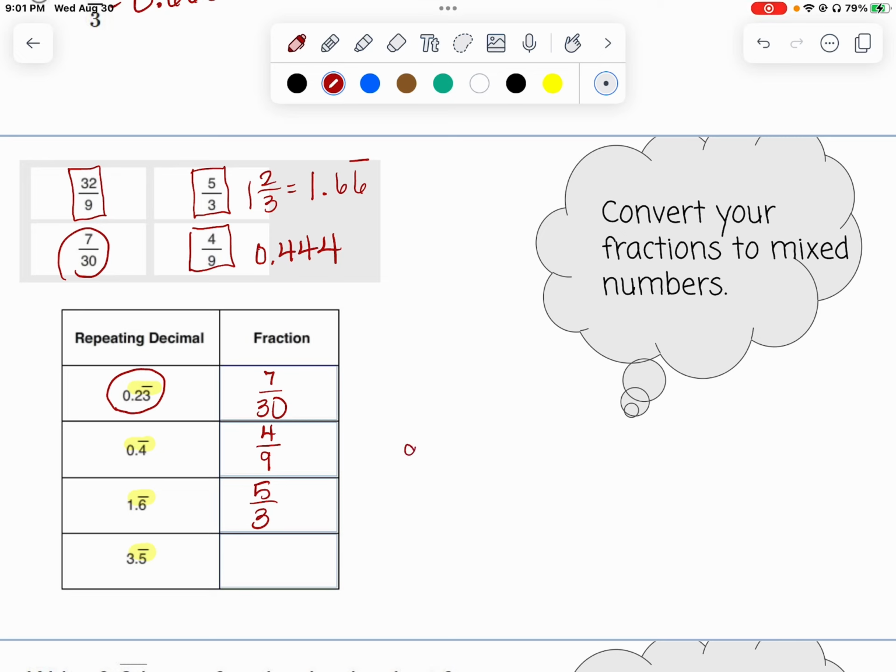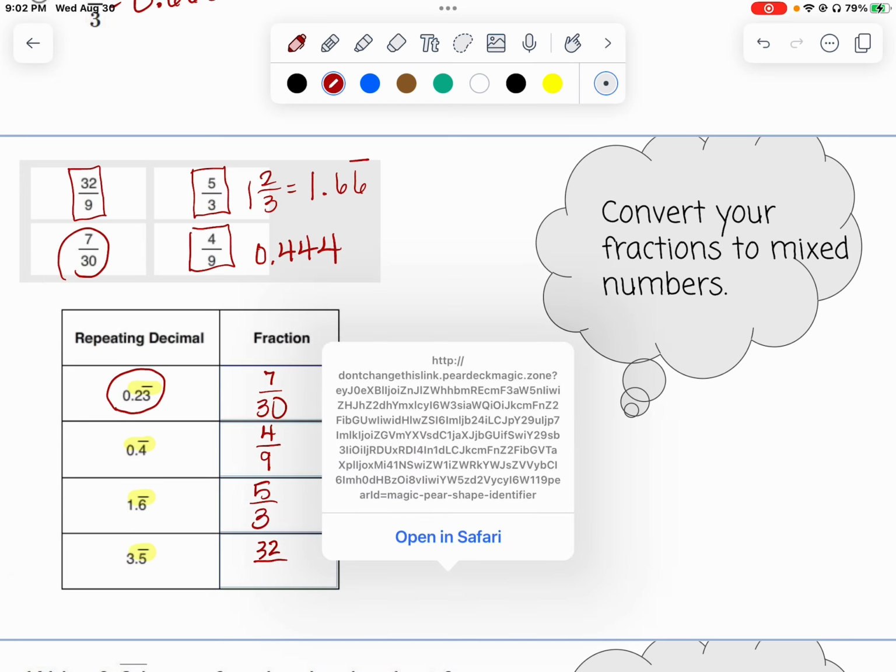If you break 32 ninths up, you get 9 ninths, another 9 ninths, another 9 ninths. So that means it's 3. And that means I've got 5 ninths later, which we know is 0.5 repeating. So this one has to be 32 ninths.